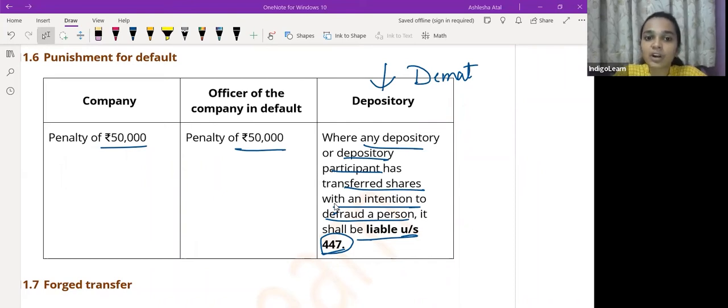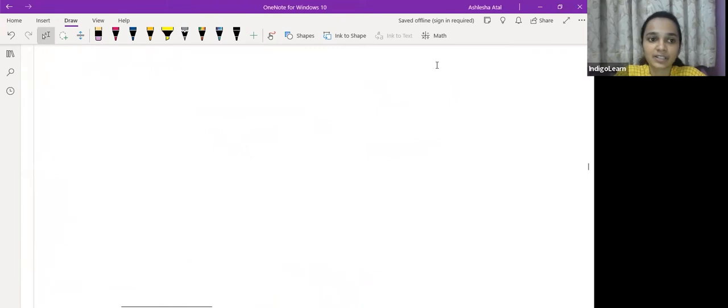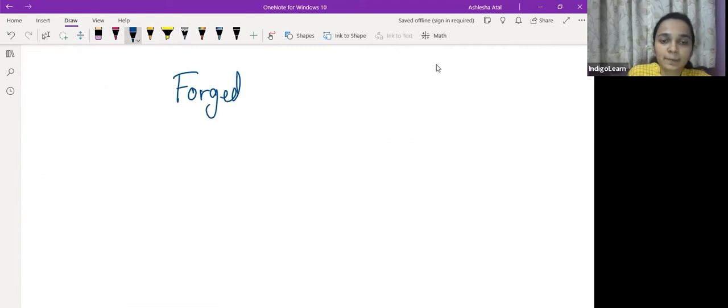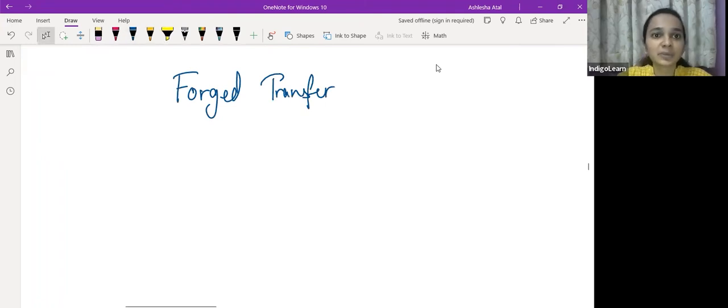So let's now talk about forged transfer. I'm sure you all must be knowing the meaning of forgery. Forgery का मतलब पता है? If no one is answering, it means they are very good kids.